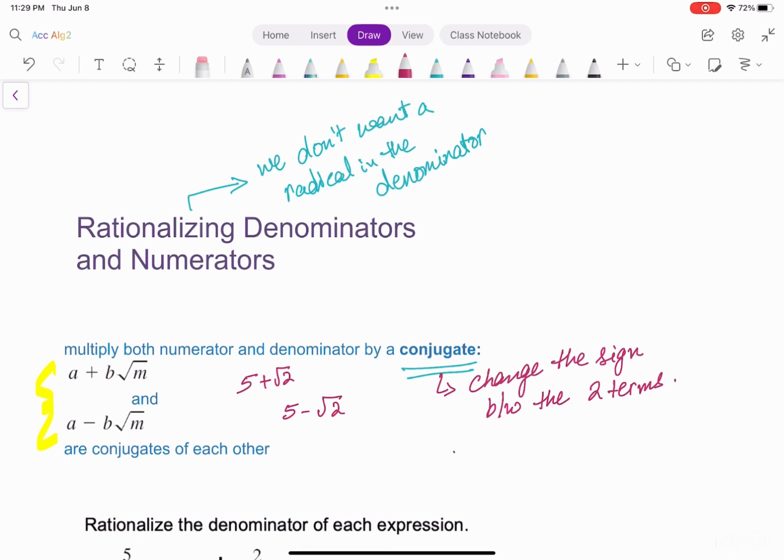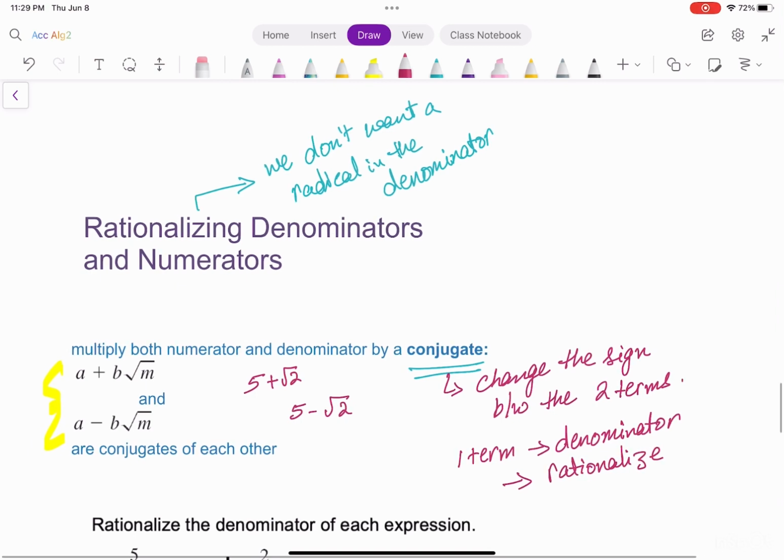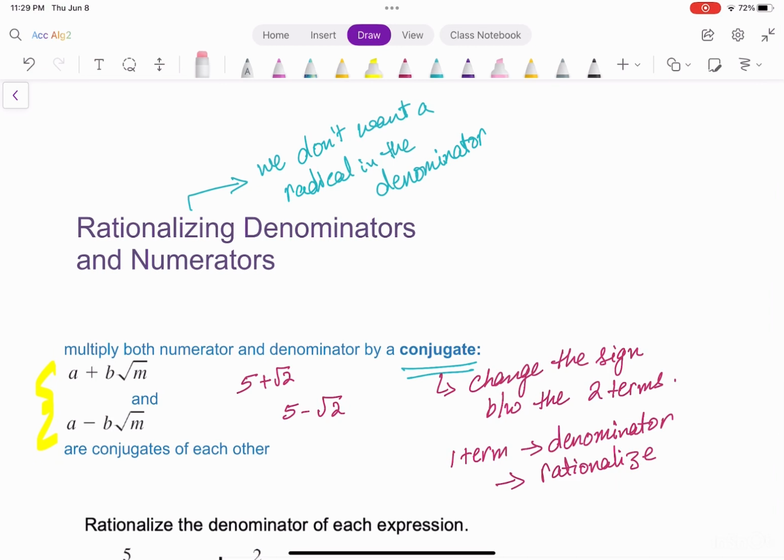Rationalizing the denominator: when there is only one term in the denominator, then we only rationalize. But when we have two terms in the denominator, for example 5 plus radical 2, then conjugate first, and with that conjugate we will rationalize.